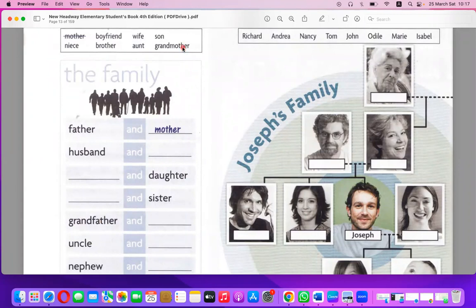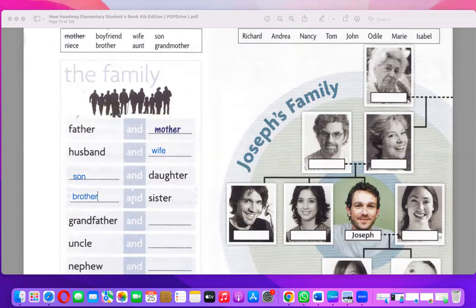Now let's start. We have husband, Mr. Abdul Hayy. Wife, very good, thank you. Mr. Asad, daughter. Son, very good. Sister, Miss Tasneem. Brother. Grandfather, someone else?